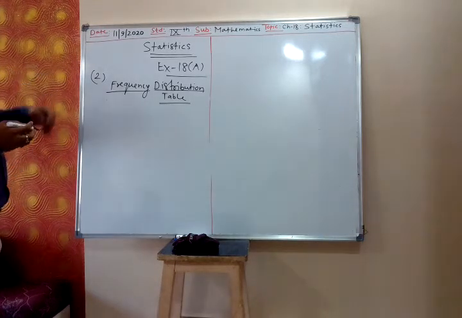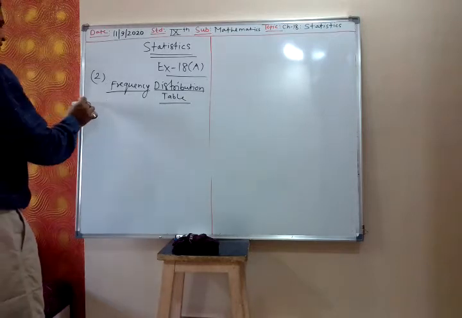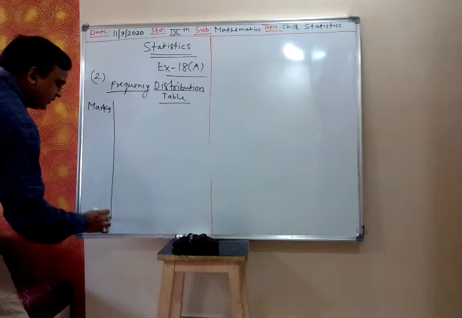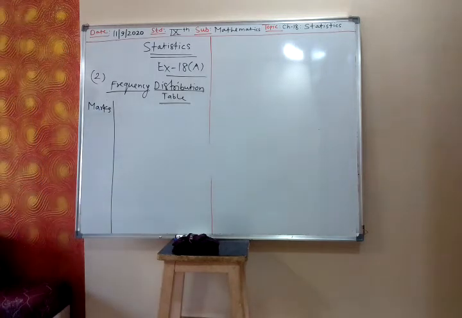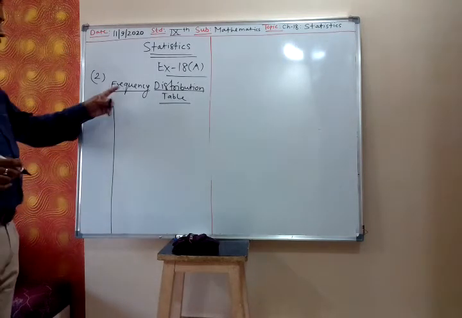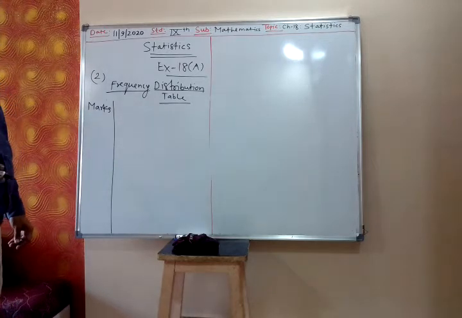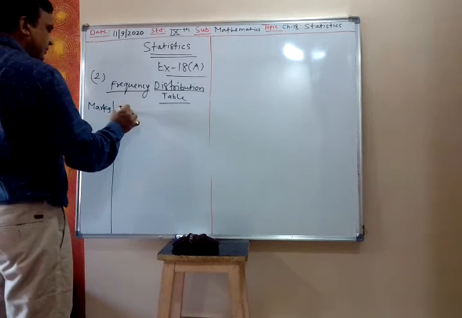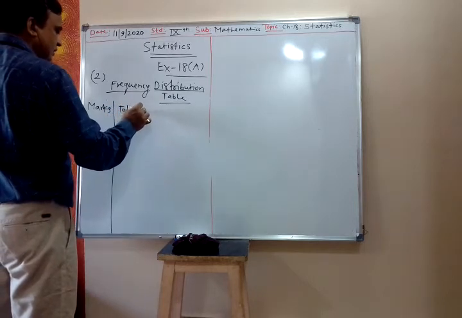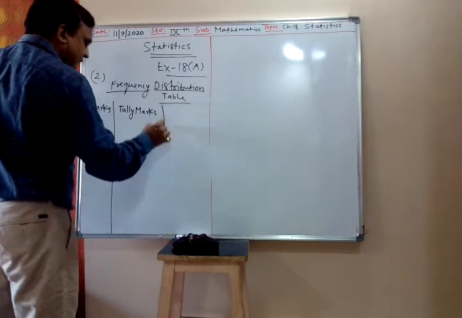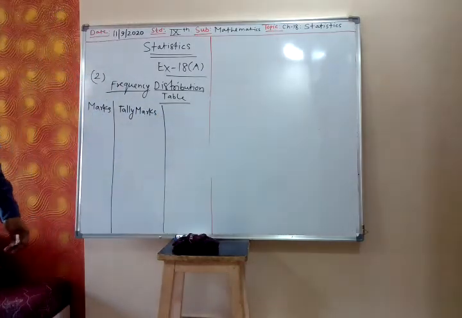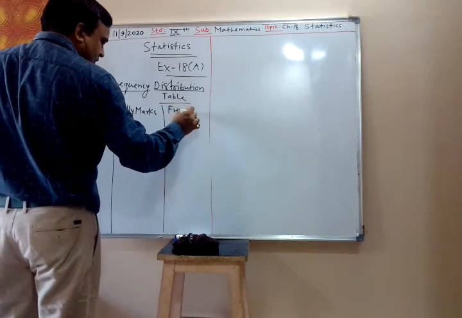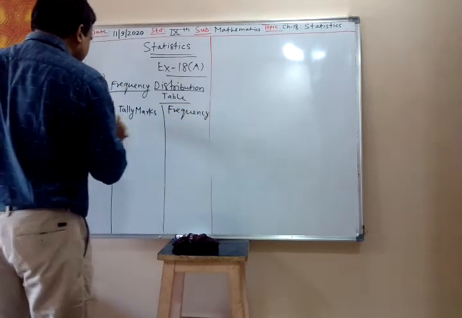So let us make it. So we write marks. Then for frequency distribution table, we make the column of tally marks. Then the last column is frequency.